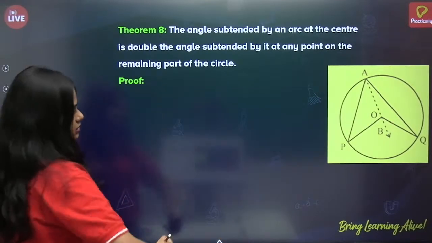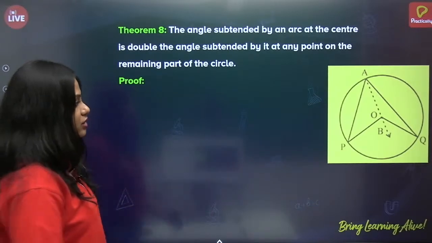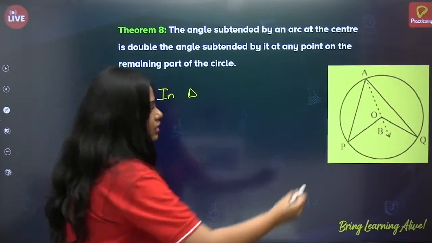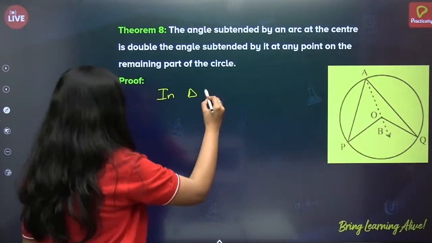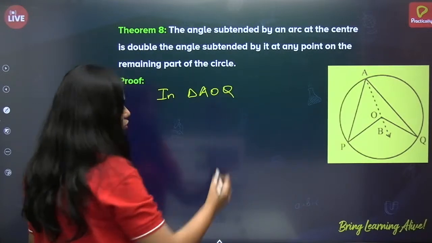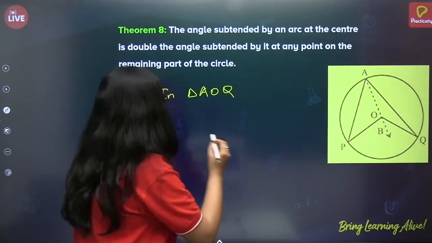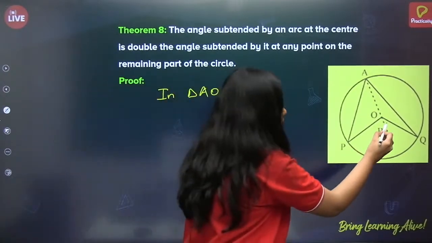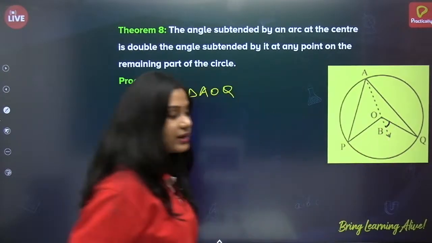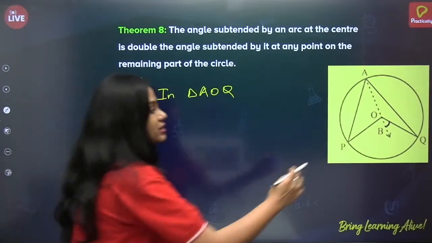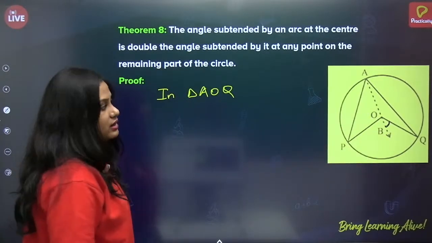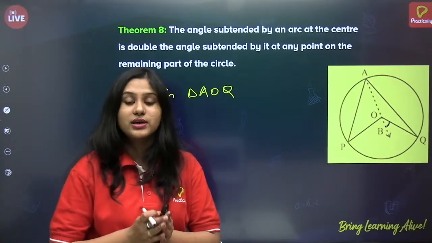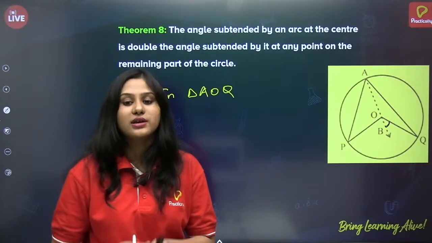So let me take this. If you are able to see the figure, let me take in triangle AOQ. Let me just draw this. So this is the exterior angle, correct? Angle BOQ is the exterior angle. So what do we know about the sum of opposite interior angles? It is equals to the exterior angle, correct?